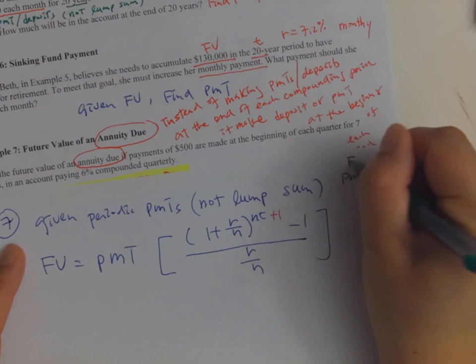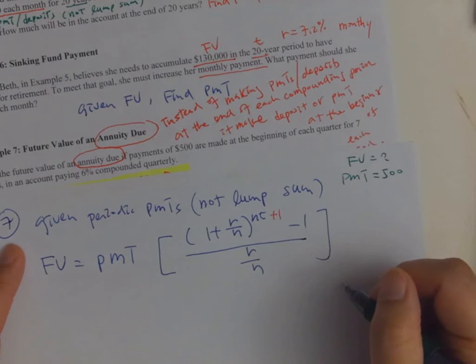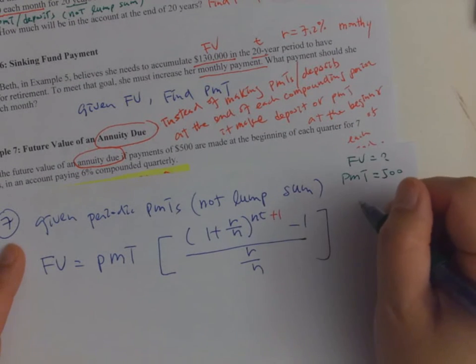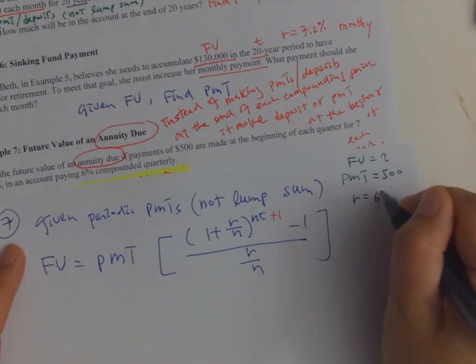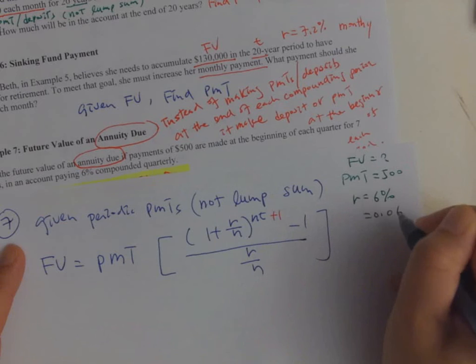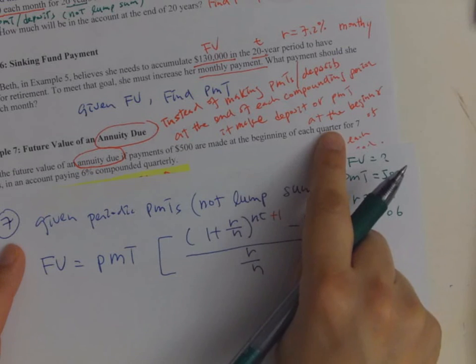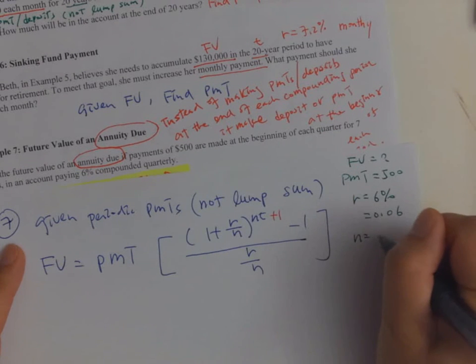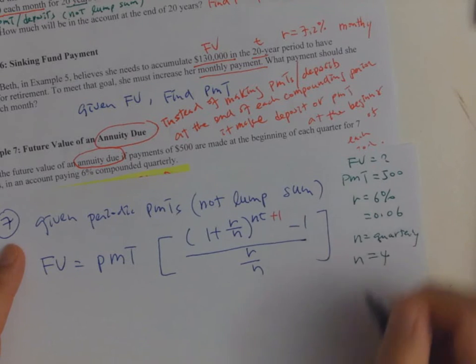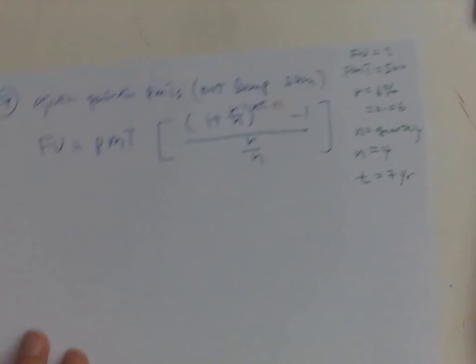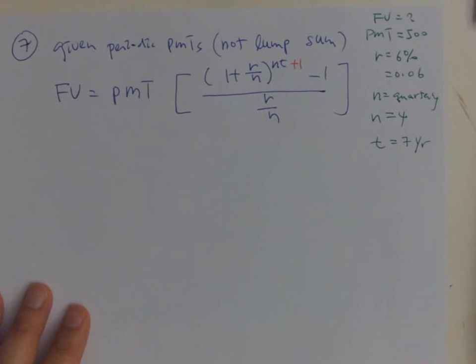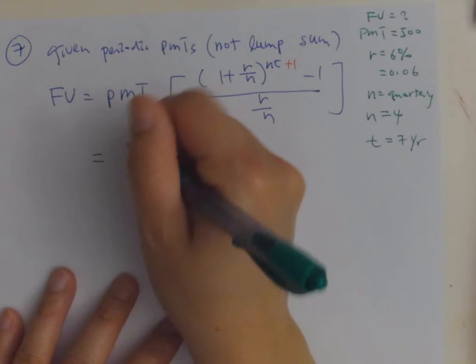And then we don't know the future value, and we also know r is 6%, which means 0.06, and this is compounded quarterly, so n is 4 times a year, and t equals 7 years, right? So we can use that to plug into our formula. You can pause the video and check the answer with me if you want to.